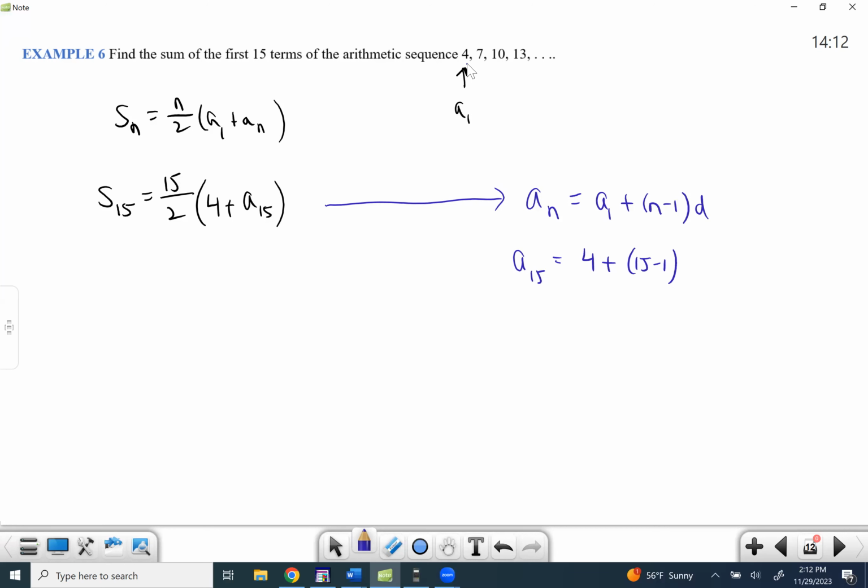And the common difference, it looks like we're going up by 3 every time. So the common difference is going to be 3. So this gives us 4 plus 14 times 3. 4 plus 42. Which gives us 46 for the 15th term. So now we're ready to go substitute it in.